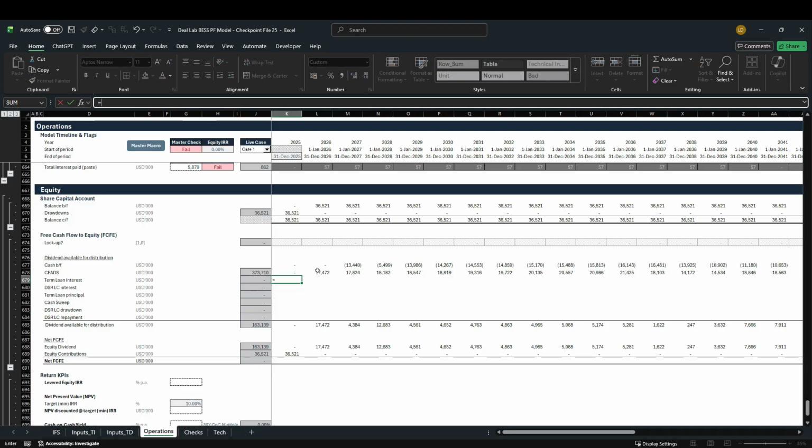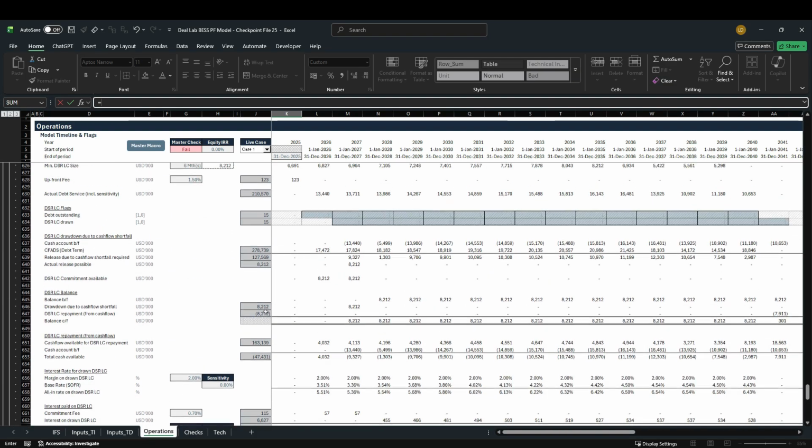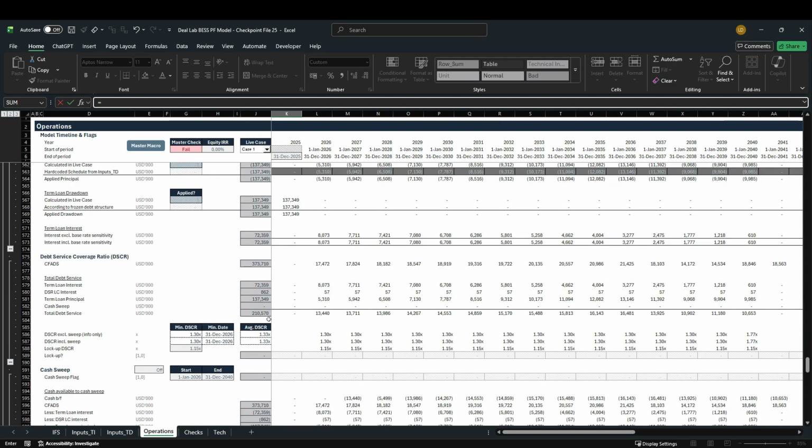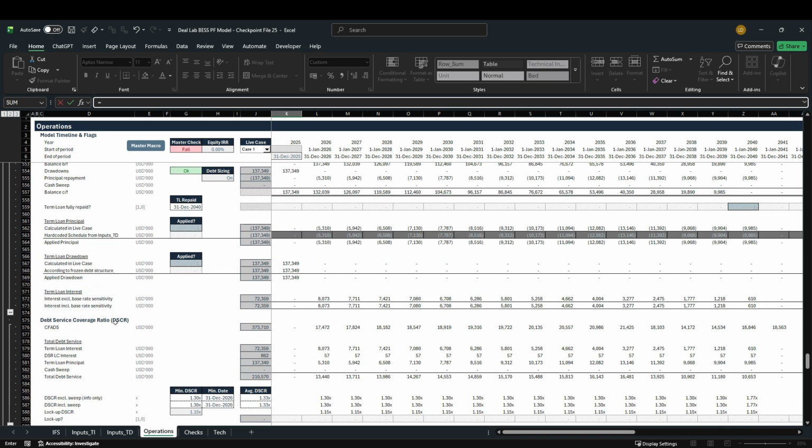So these numbers here are positive, or CFADS are positive. So let's make sure that for our term loan interest, we pull in a negative number, reducing our dividend available. And the interest that we want to pick up is the interest including our base rate sensitivity in case we are sensitizing our base rate. So pick up minus 573.